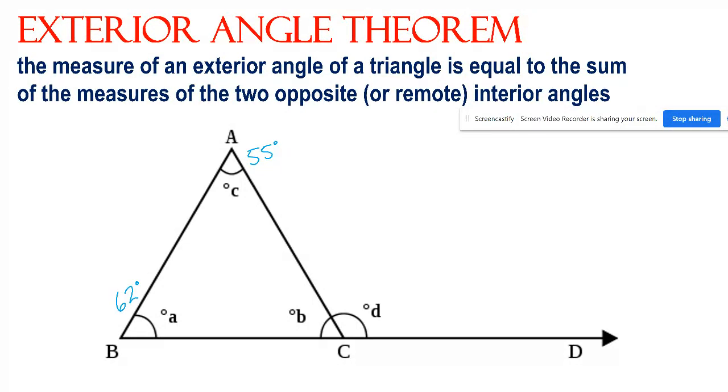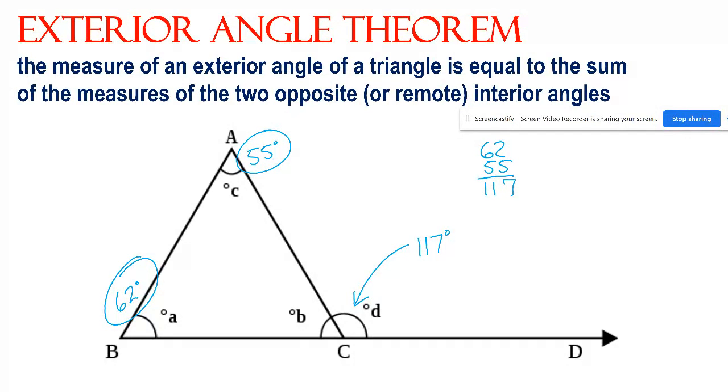Then if I want to find my exterior angle, what I would do is add together these two interior angles that are across from it, that are opposite it. So I would take 62 and 55. I would add those together, and I would find that this angle right here is 117 degrees.